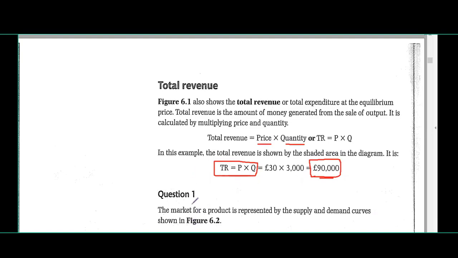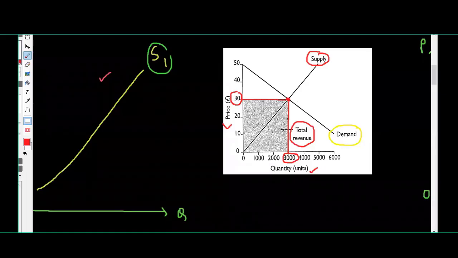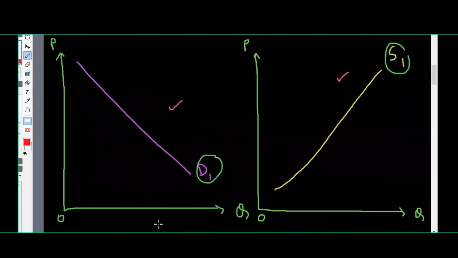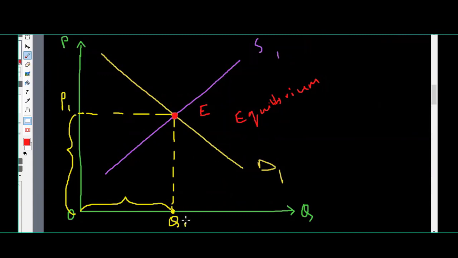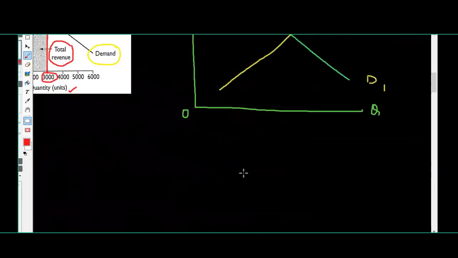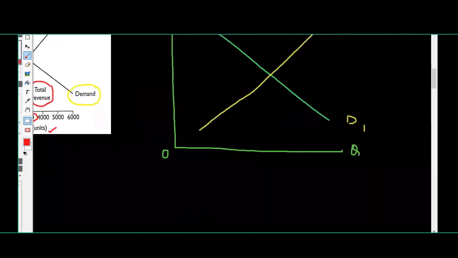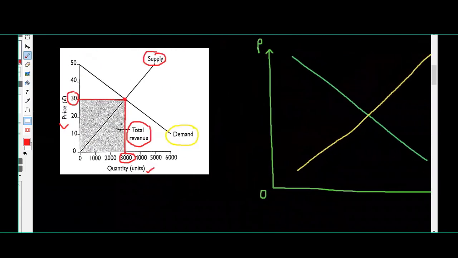So if we want to see the total revenue from the diagram, it will be like this. You can see the area which is marked inside, marked with a different color.